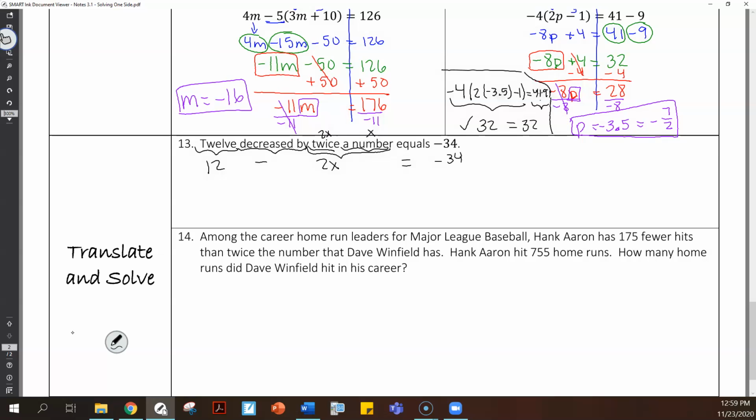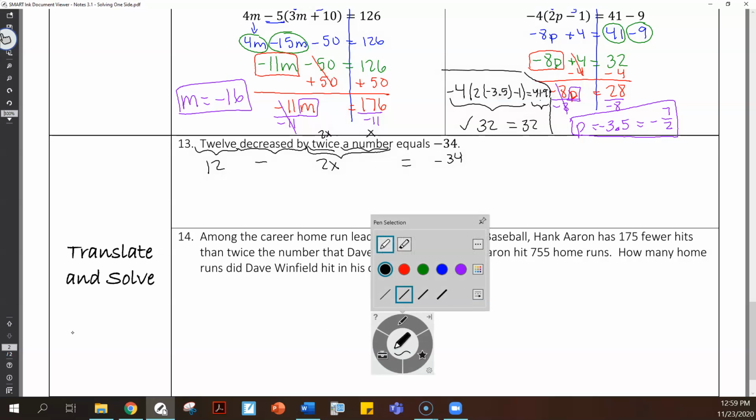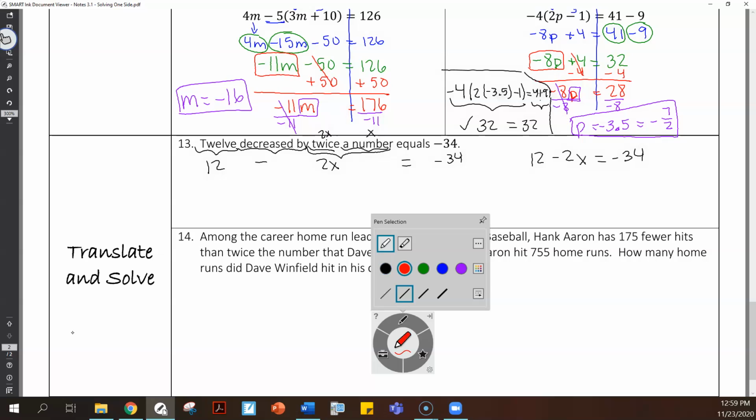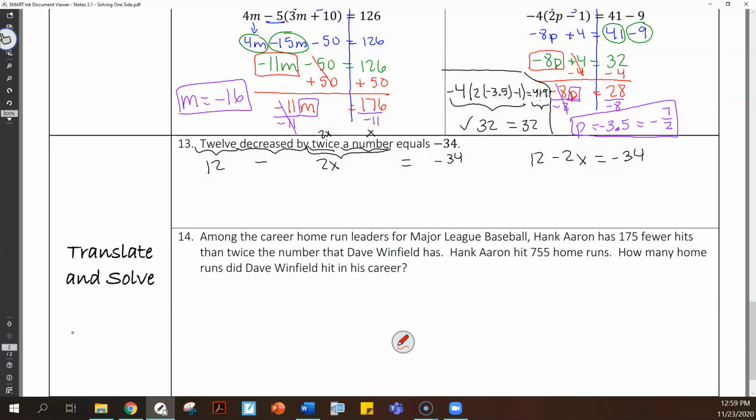Okay, so now that I've translated this, I can solve this to figure out what the number is. So I've got 12 minus 2x equals negative 34. I don't have to distribute. I don't have to combine like terms. So I can just roll into adding and subtracting to get my variable term alone. I'm going to subtract 12 to get it by itself. Negative 2x comes down.